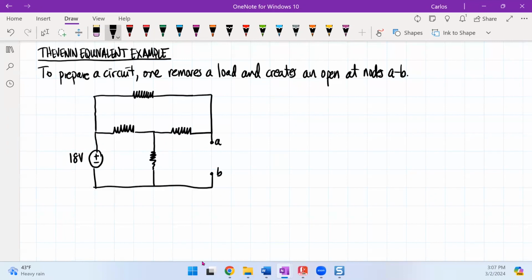So now let me add the values, which is 6 ohm, 12 ohms, 3, 10, and then our load is going to be right here.